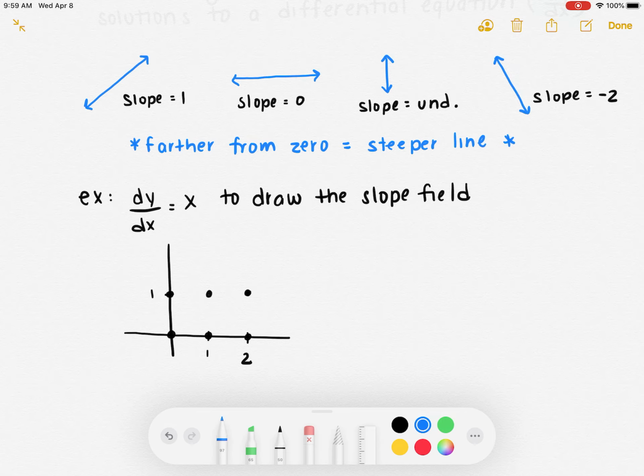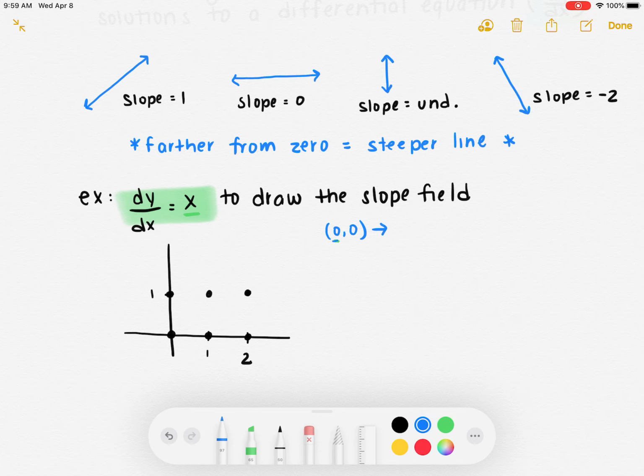So in order to do that, I always like to start with 0, 0, because that's the easiest to plug in. And in this situation, my equation that I'm working with only has an x value. So I only care about the x values in my coordinates, because that's all that I'm plugging into my equation.